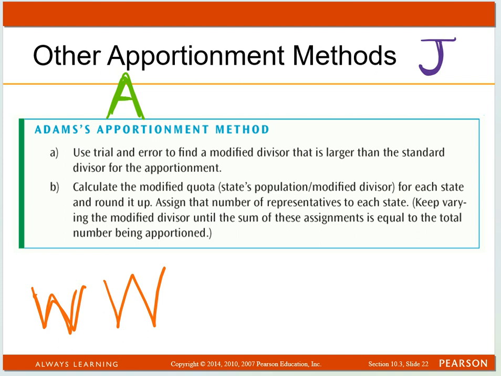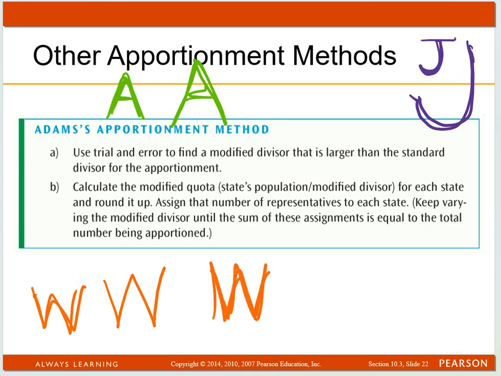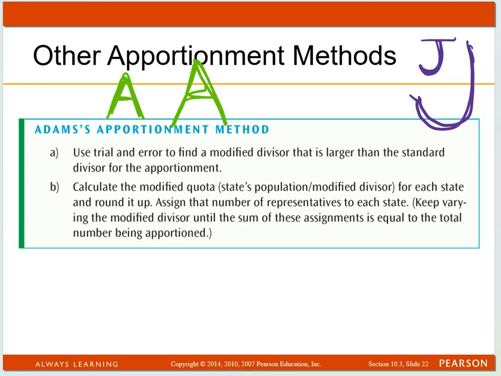Jefferson, you draw J down and then it curves, right? So down and curves. And A looks like I'm pointing upward, so he's going to use the upper quota. And then, of course, Webster, W, he's down and up and down and up. So, anyway. Okay. Enough of that.